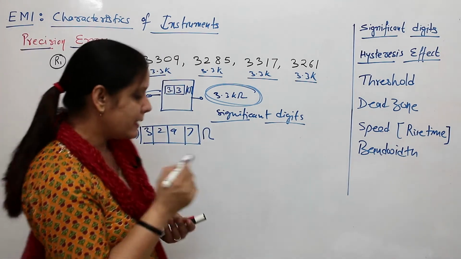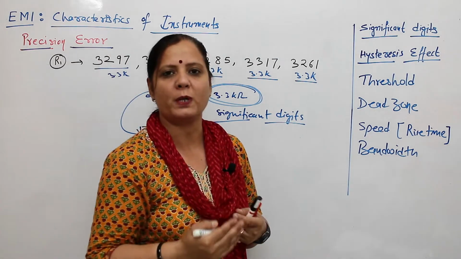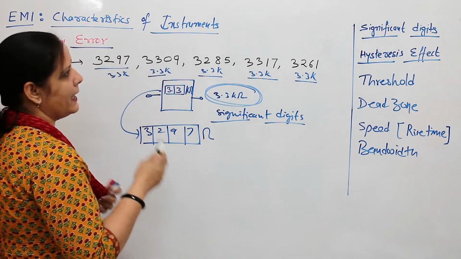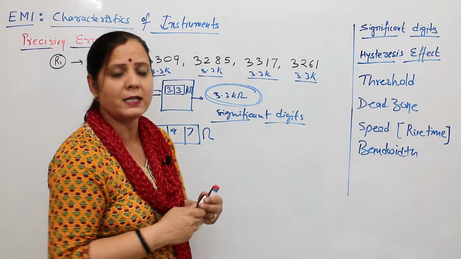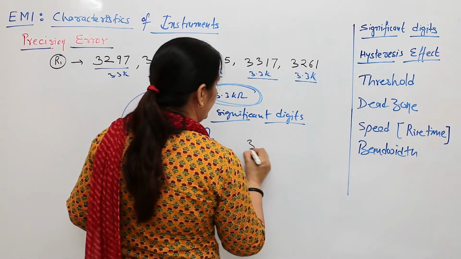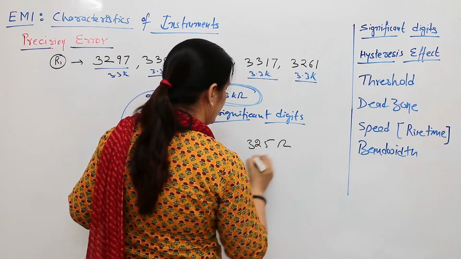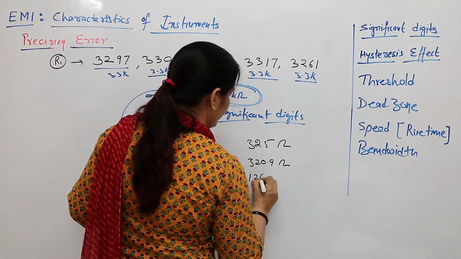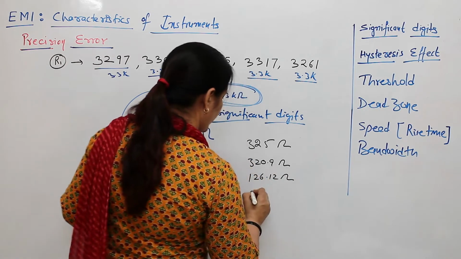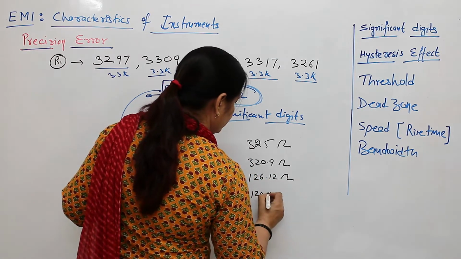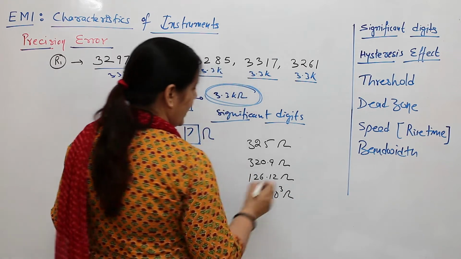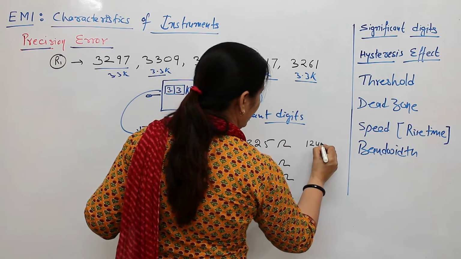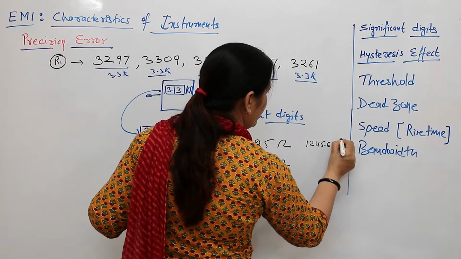There is another type of objective problem that is frequently asked in your exam. They give you some readings and ask what the significant digits are in this measurement. For example, there will be 325 ohm, 320.9 ohm, 126.12 ohm, 120 into 10 raised to power 3 ohm, and 1245.6 into 10 raised to power 3 ohm.